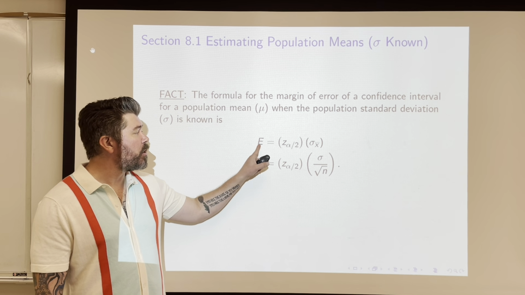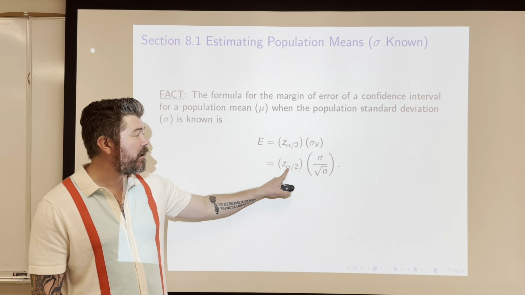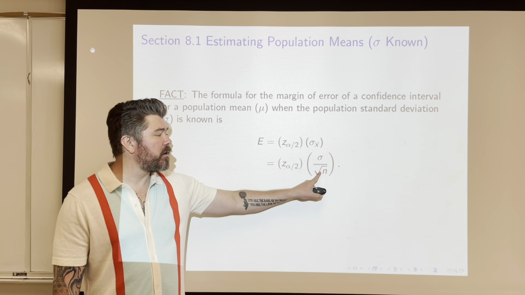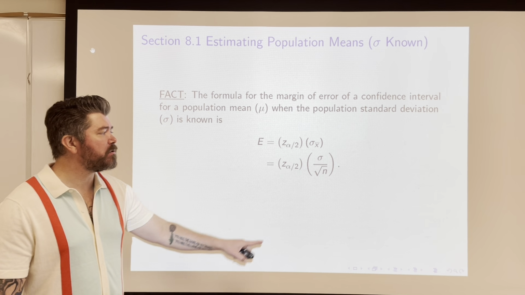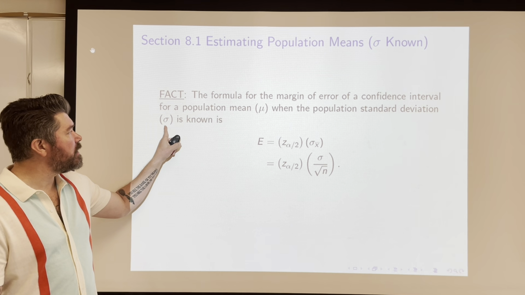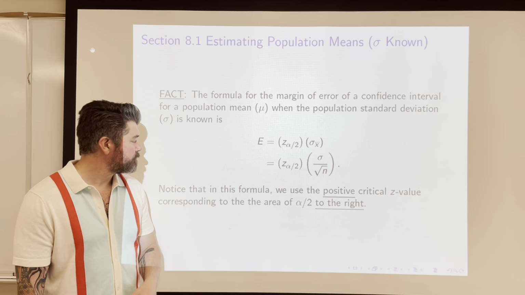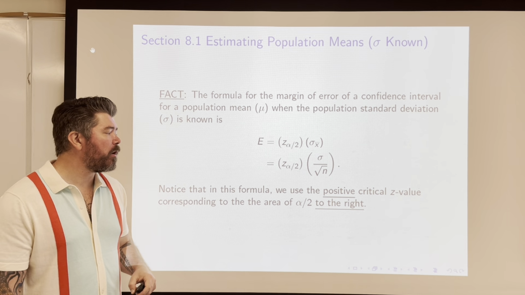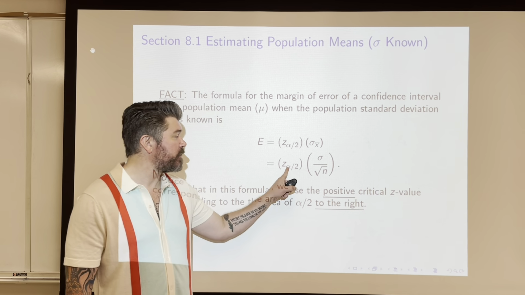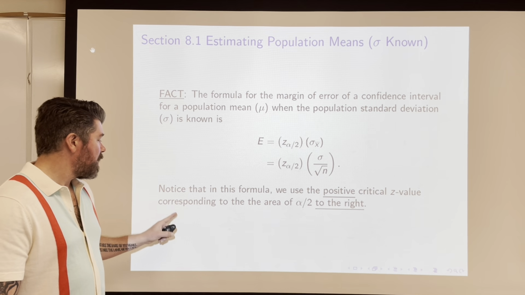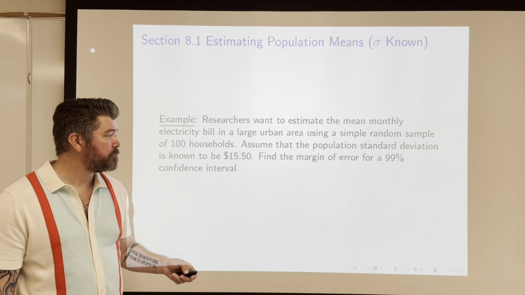So our error is our critical z value, our positive boundary value, times sigma divided by the square root of n. And we are allowed to use sigma here because in these problems we're assuming that sigma is known. Notice that in this formula, again, we use the positive critical z value corresponding to the area of alpha over 2 to the right.